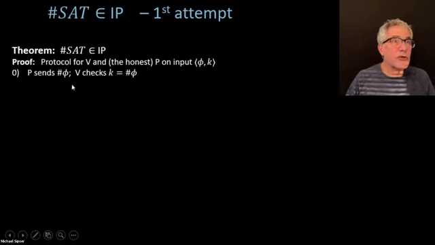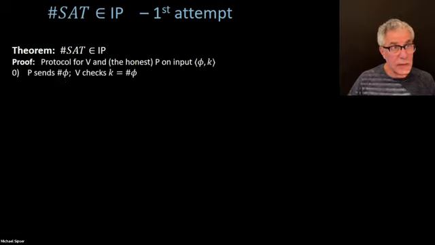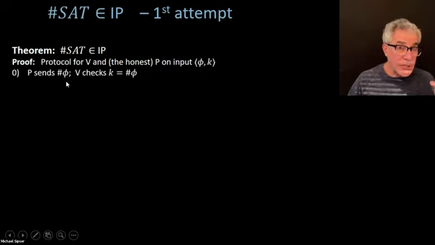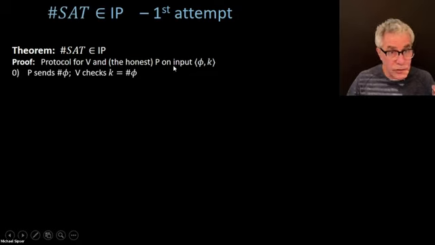So the prover is going to send, first of all, a claim about the number of satisfying assignments. When I say this value here, this is what the prover, if it's honest, is going to send, the right value. Of course, the verifier does not know if the prover is honest. But I'm describing how the honest prover is going to operate.